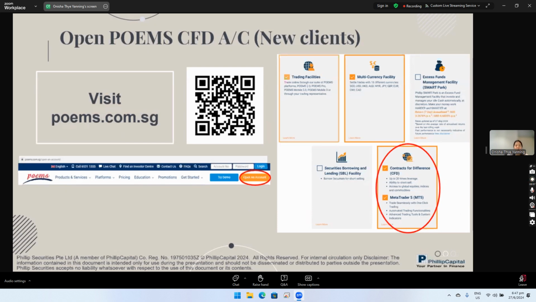New customers may create an account via the Poems website. You can just visit poems.com.sg, or scan this QR code to sign up. I think Vanessa, can you send the link to the chat so that they can sign up? Okay, she will send it later on.